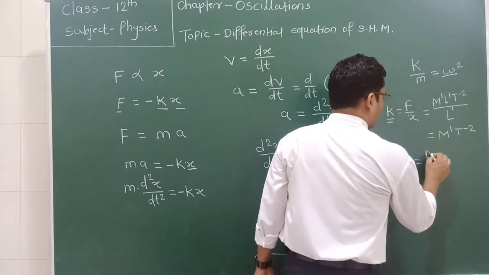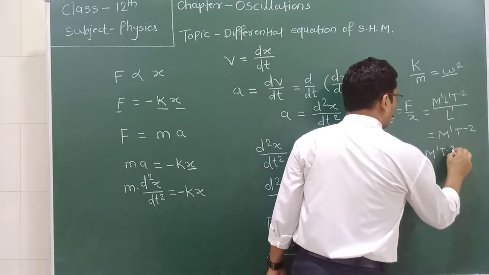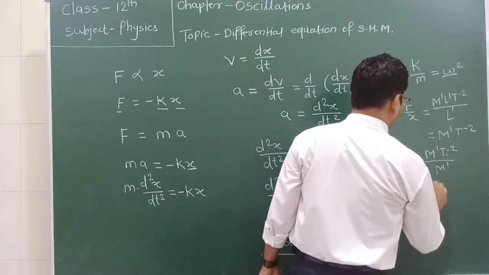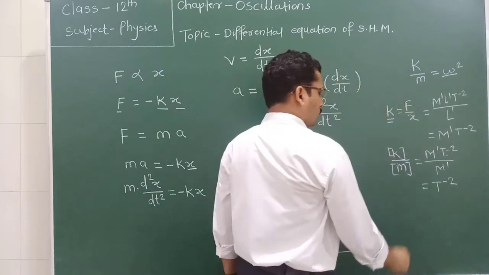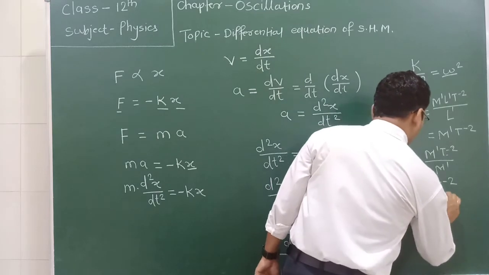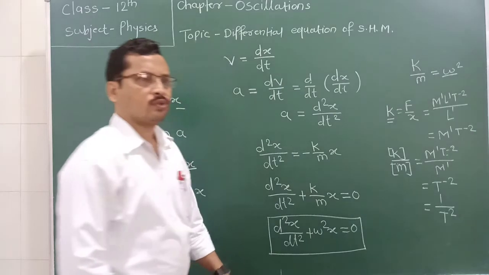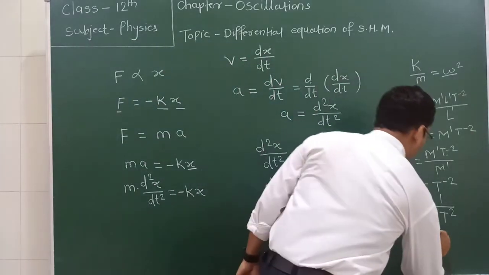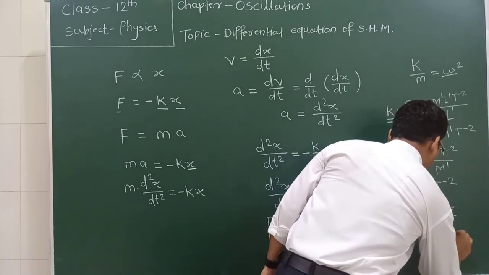It is M1 T minus 2 divided by M1, so it is nothing but T power minus 2. And what is T power minus 2? It is nothing but 1 upon T to the power 2. And what is 1 by T? This 1 by T is nothing but the frequency.